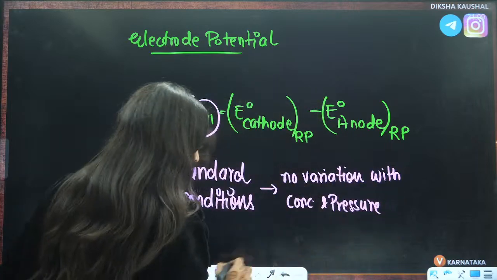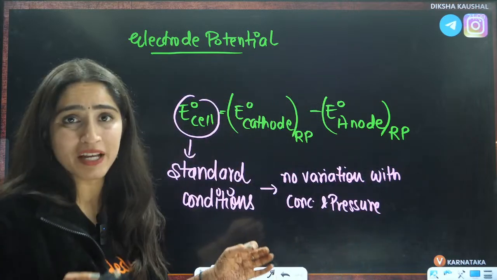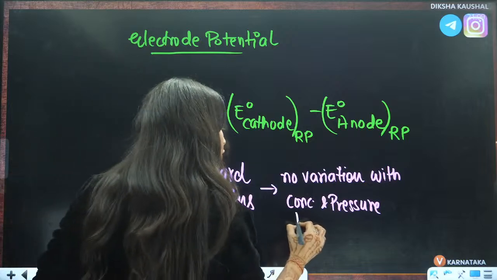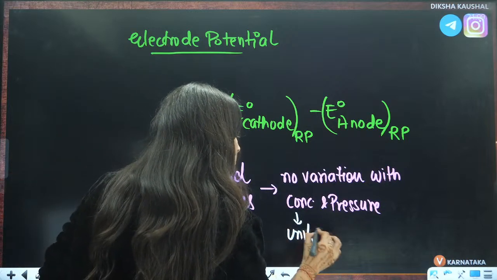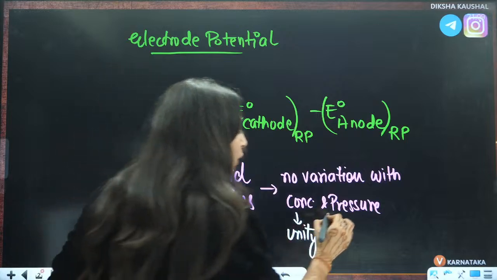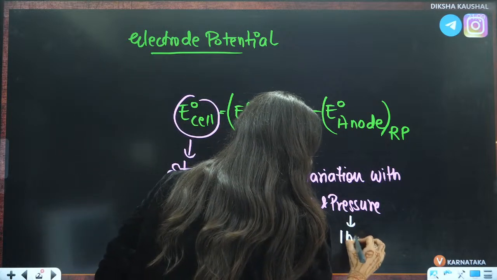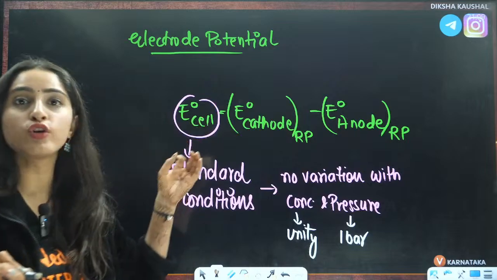That means the concentration should be unity in the standard condition, and your pressure should be 1 bar. That is your E naught of cell.